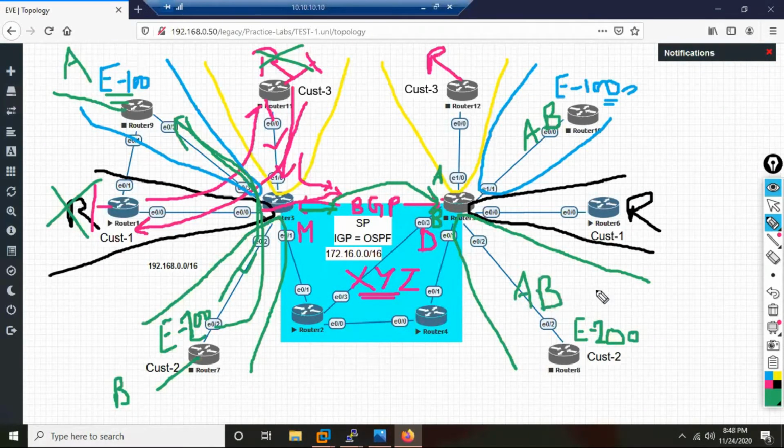So ultimately, customer 2 in Delhi will be able to access the routes of customer A in Mumbai, and vice versa also. That means again route leaking, again route leaking locally.